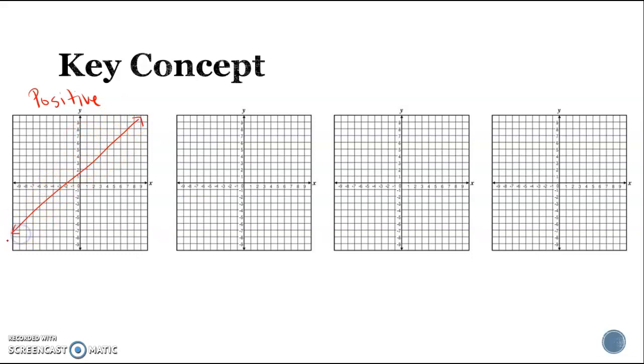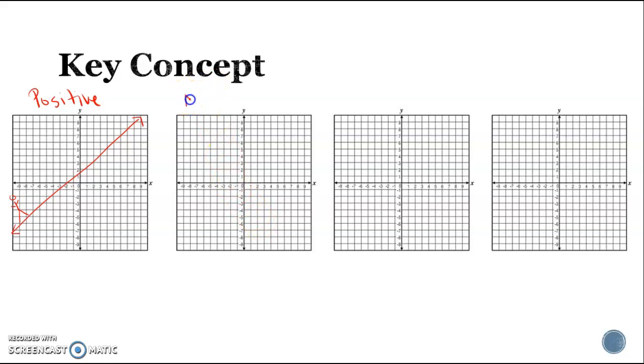In the past, if it helps, I've told students, draw yourself a stick figure at the far left end of the line, and then ask yourself, what is your stick figure doing? On a positive slope, it's going to be climbing the hill.